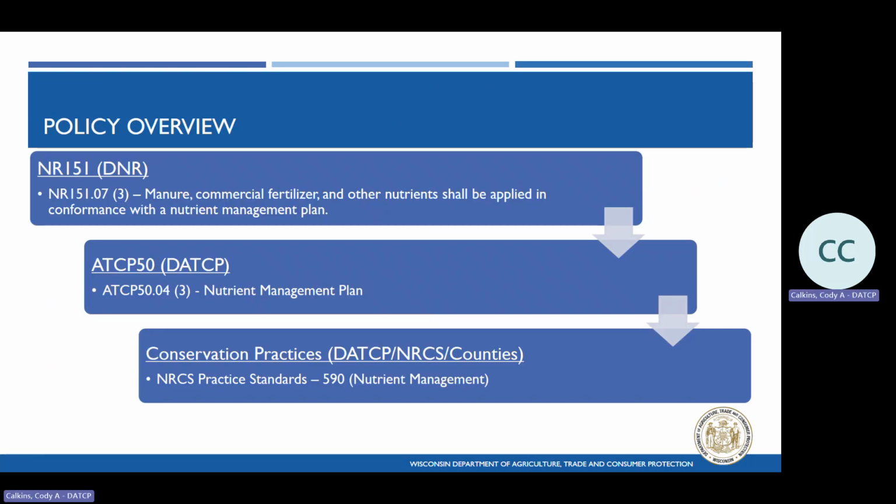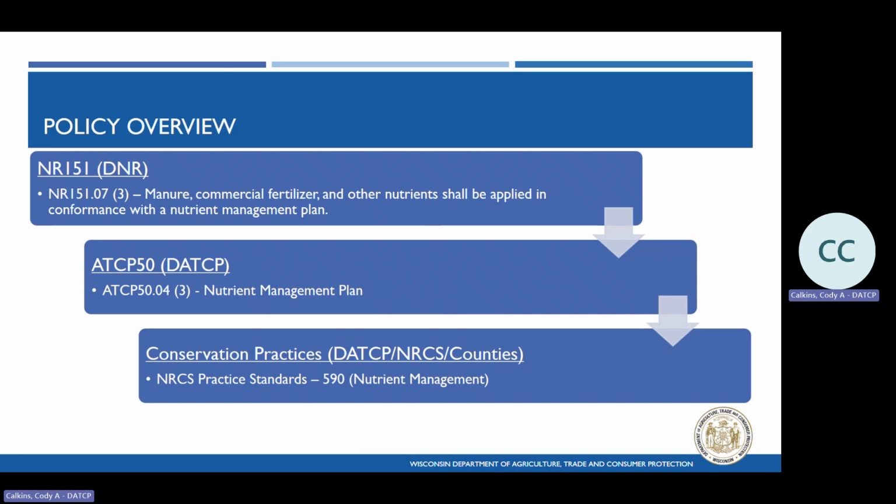Just a general overview of how policy for soil and water conservation in Wisconsin works is that the DNR, like I said before, is responsible for promulgating those agricultural performance standards. For example, we have NR 151.07, which requires that manure, commercial fertilizer, and other nutrients be applied in conformance with the nutrient management plan.